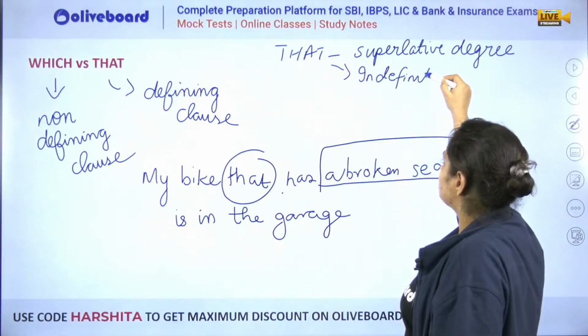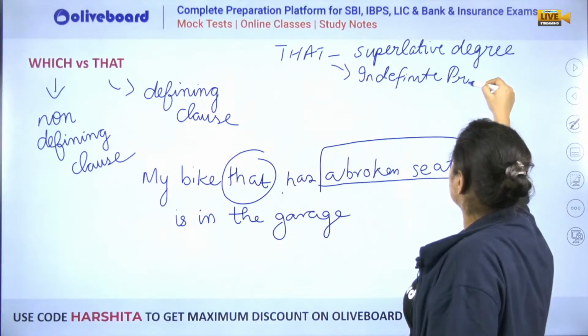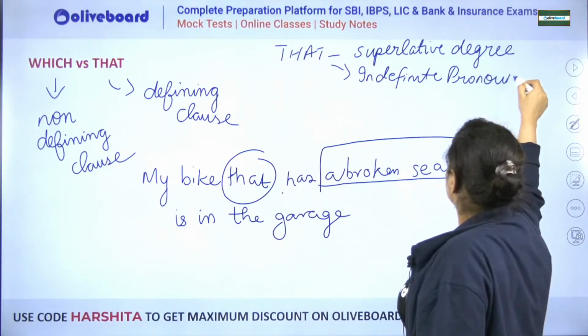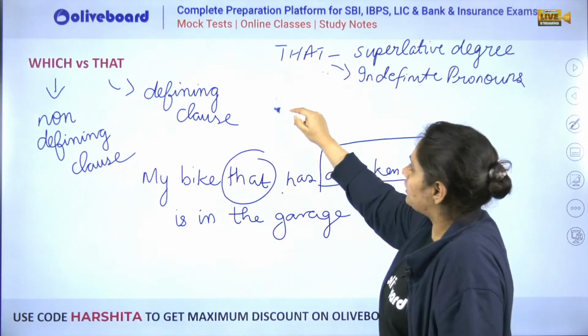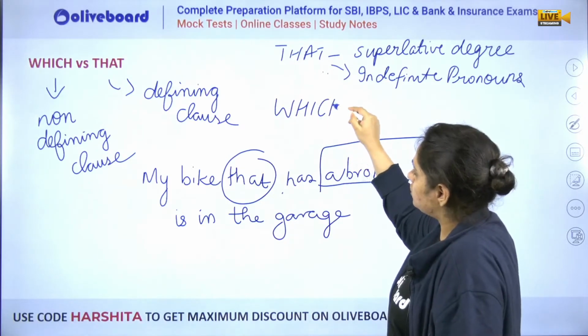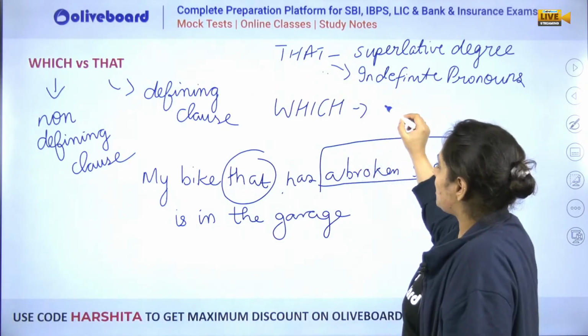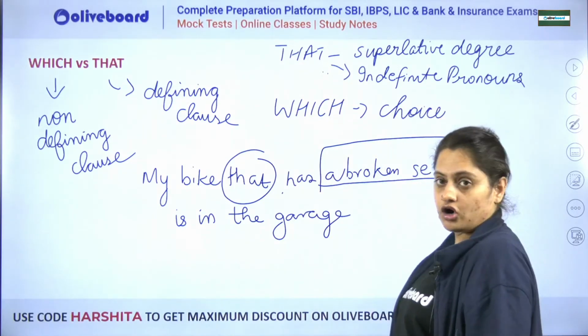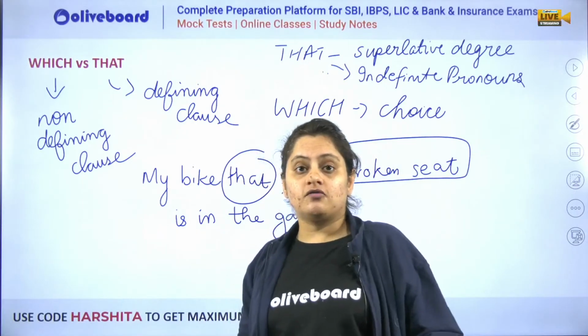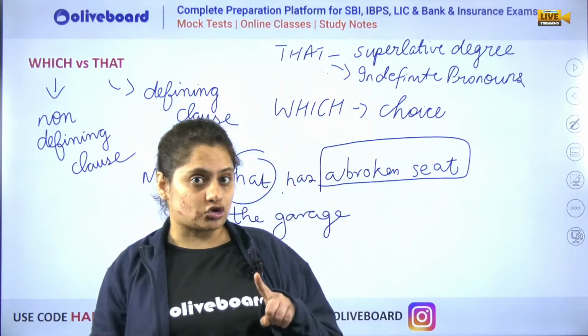And which is usually used for both persons and things. Now for persons, when we talk about choice, use which. For animals and things we use which. For people also when we talk about choice.